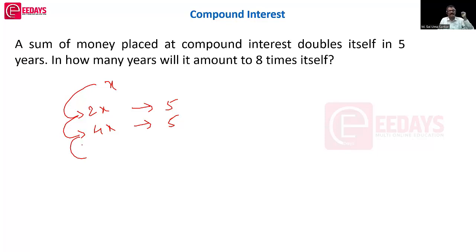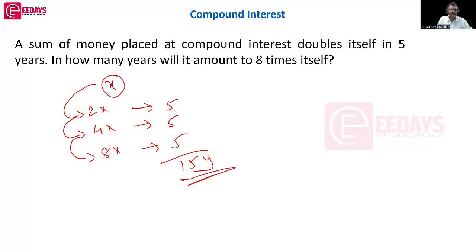So total how many years are there? So this is equal to 8x. So what is the answer? 15 years, which is required answer. Okay, this is the principle. X 2x అవ్వాలంటే 5 years, 2x 4x అవ్వాలంటే 5 years, 4x 8x అవ్వాలంటే another 5 years. మనకు కావాల్సింది 8 times. So what is the total? That is equal to 15 years.